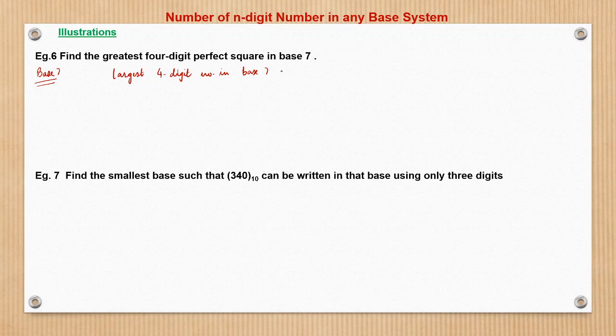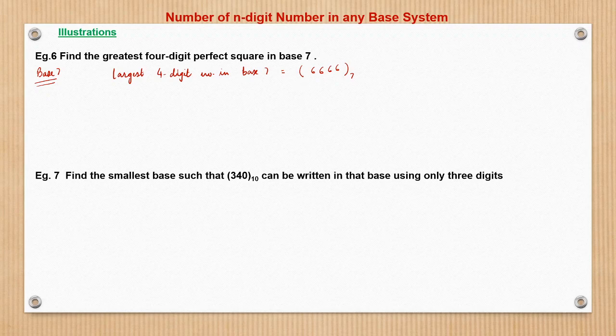That is nothing but 6666, right? So this is the largest four-digit number in base 7. So that perfect square has to be less than this only.